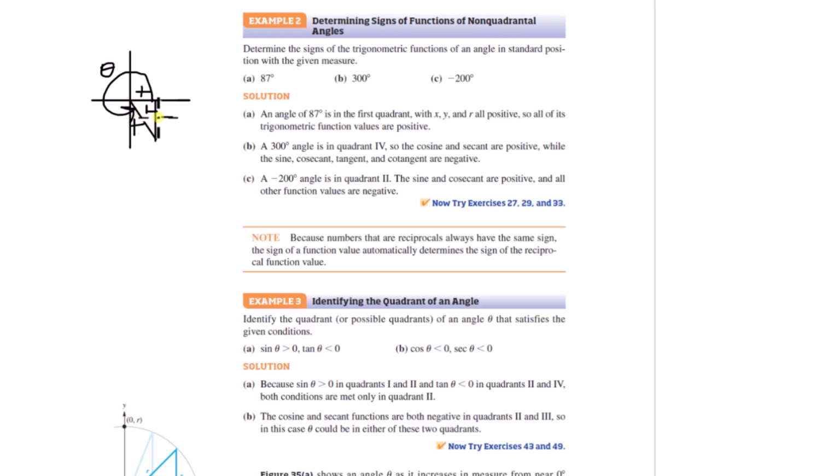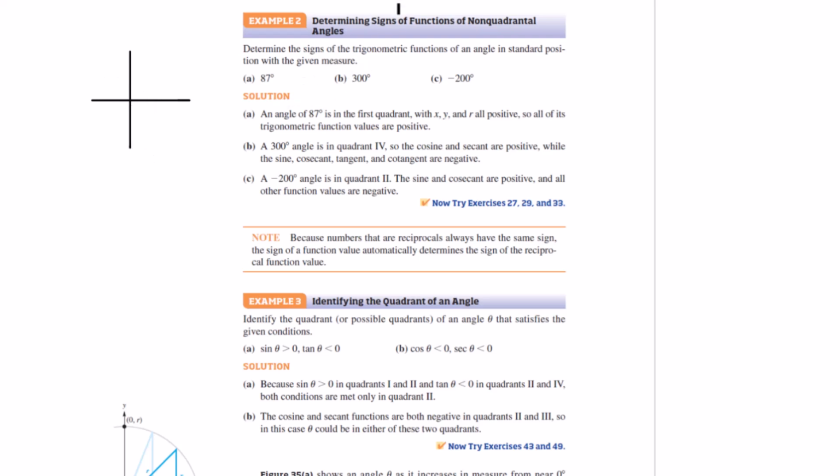So, opposite over adjacent, tangent's going to be negative, but then cotangent will also be negative, because the reciprocal of anything is going to have the same sign. They're both going to have the same sign. Okay, so opposite over hypotenuse, sine, that's going to be negative. Adjacent over hypotenuse is going to be positive. So yeah, that's the idea.